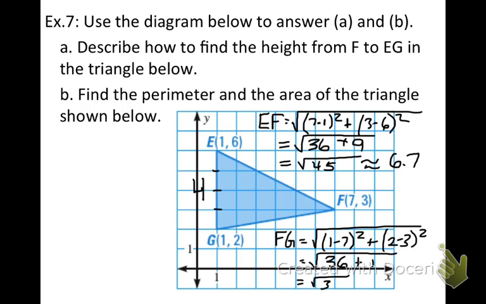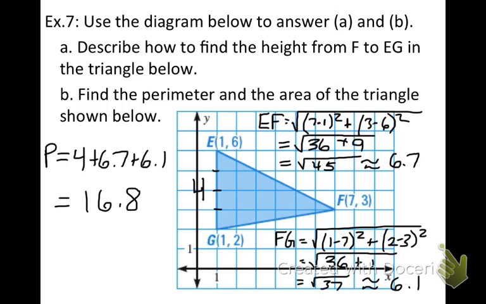So that's the square root of 37, which is roughly 6.1. So the perimeter of this triangle is 4 plus 6.7 plus 6.1, which is 16.8.